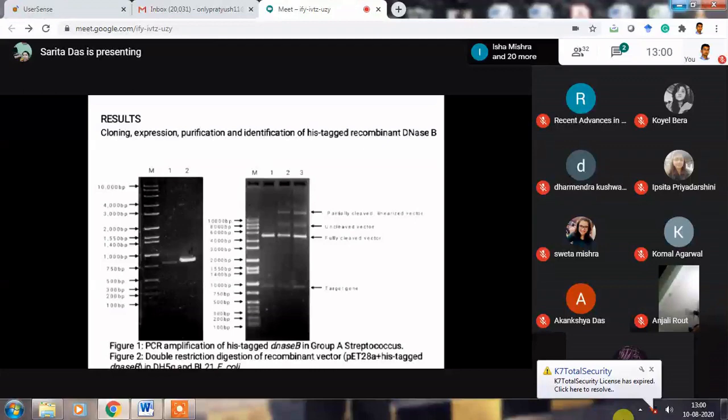Six extra histidine codons, the tag, are used in the His-tagged primer. That's why the sequence is somewhat bigger, 840 base pair.